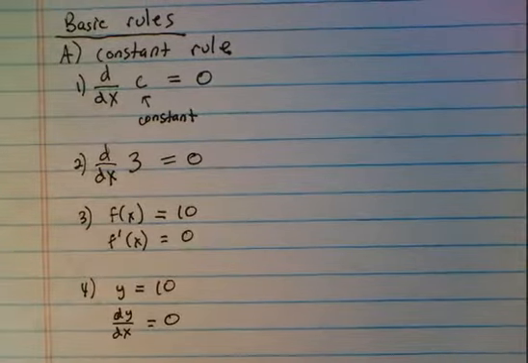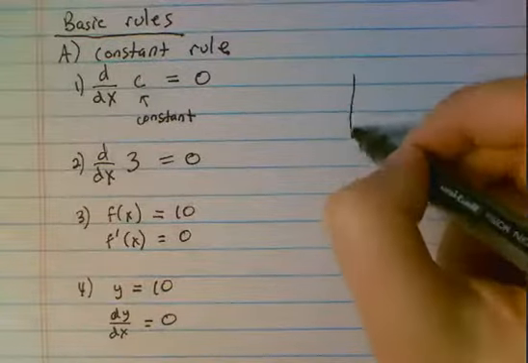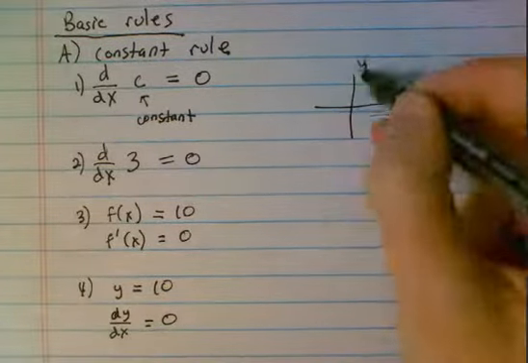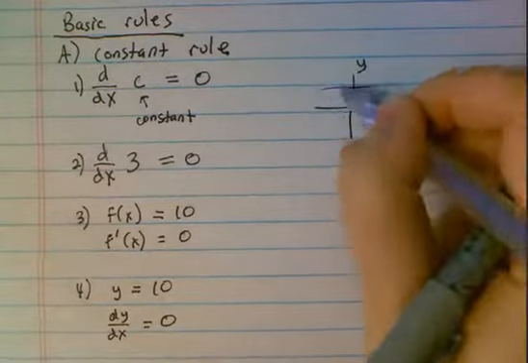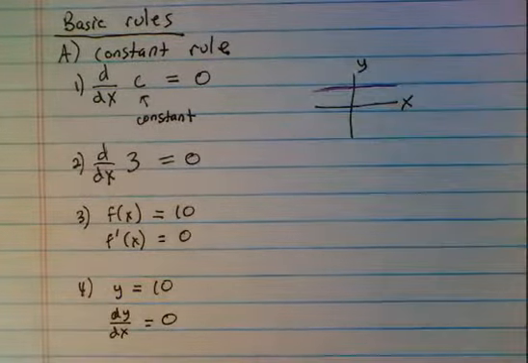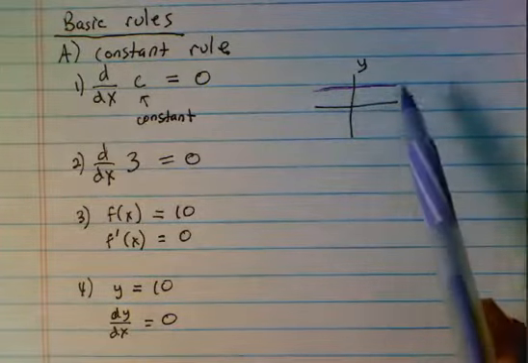Anytime that we have a number, a constant, we're taking the derivative, it equals 0. And this actually makes quite a bit of sense if we look at graphing a constant function. A constant function just means like y equals 10 is just a flat line. The slope of this line, it's a flat line. The slope is always 0.